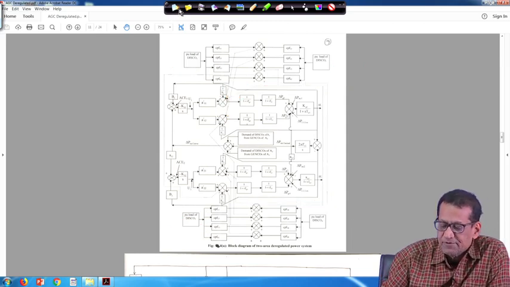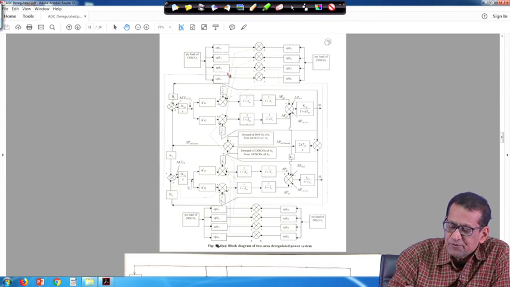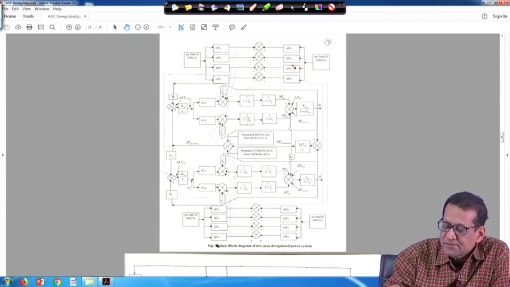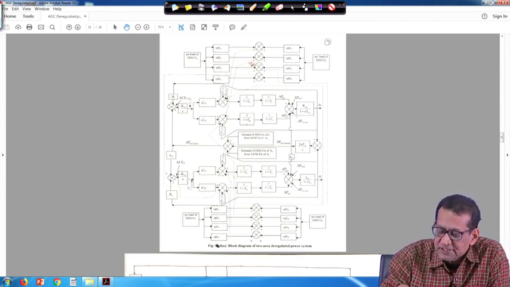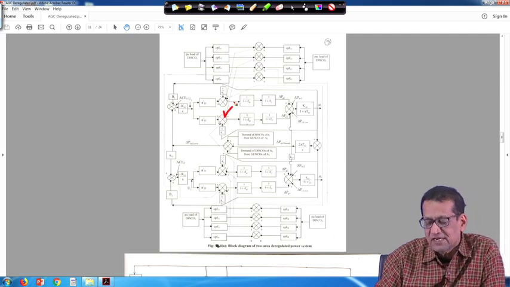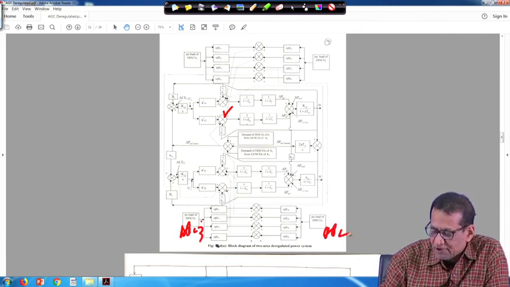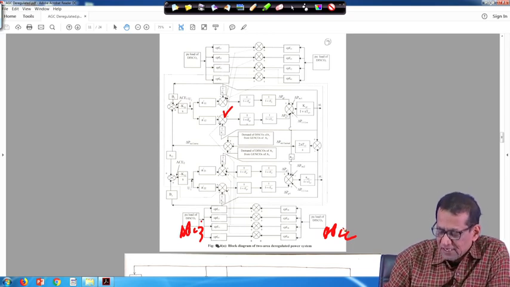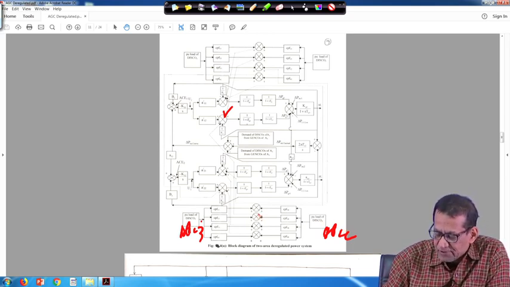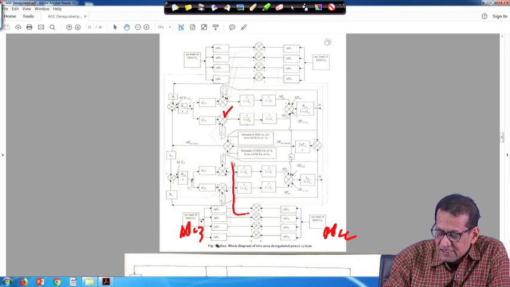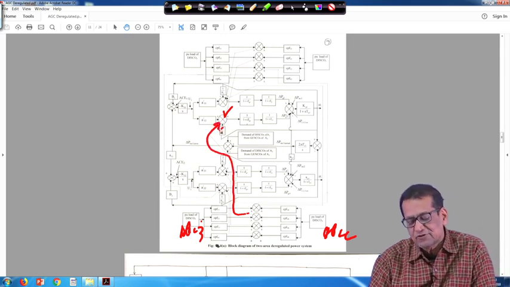Similarly, CPF21 delta PL1 plus CPF22 delta PL2, these two will be coming here for this one. Then CPF23 delta PL3, this is delta PL3 for DISCO 3, and this is delta PL4. And CPF24 delta PL4 is also coming to GENCO 2.